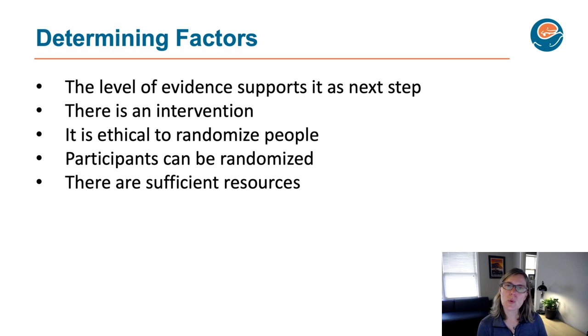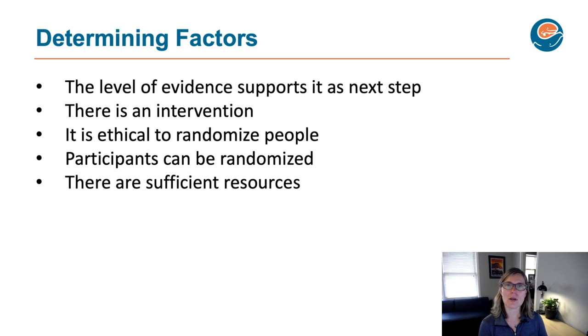You want to be able to ethically and feasibly randomize individuals. So it's not ethical to randomize individuals for a certain level of alcohol consumption, if that was your intervention. And it's not feasible to randomize people if what you want to study is genes. And so it's important to consider what your question is and whether it fits into the RCT study design.